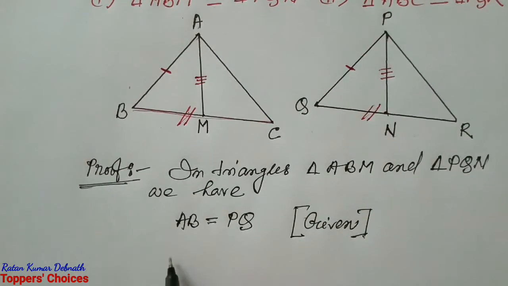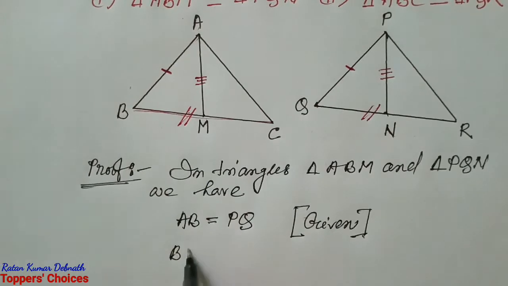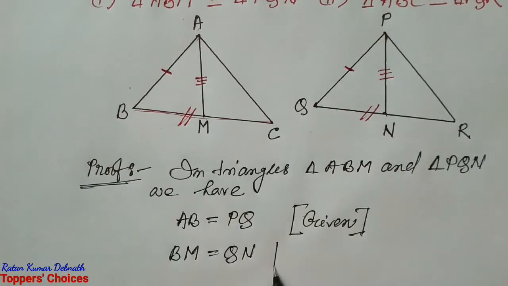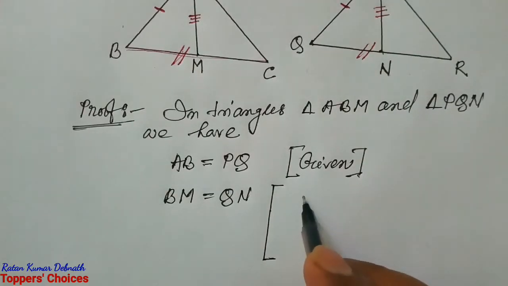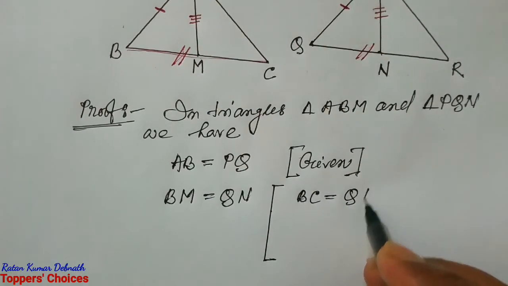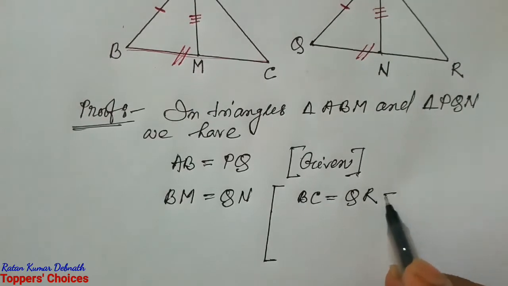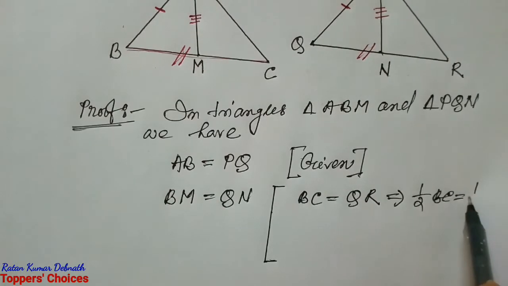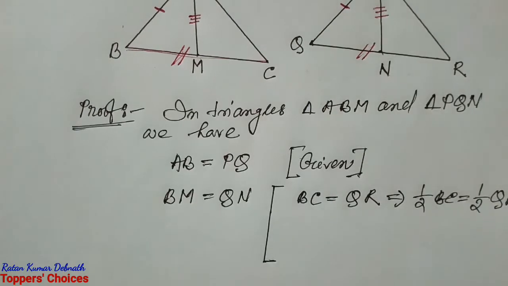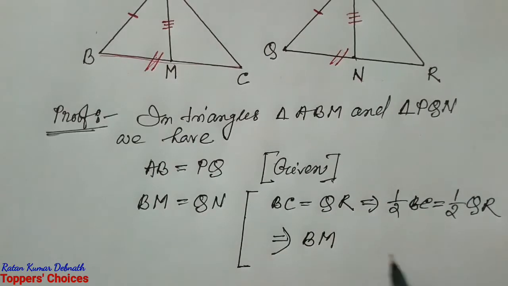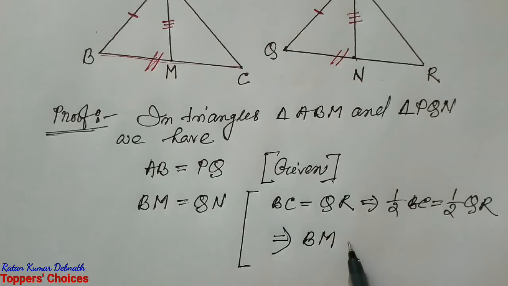We also can write BM equals QN, because given that BC equals QR, which implies half of BC equals half of QR, and half of BC means BM and half of QR means QN.